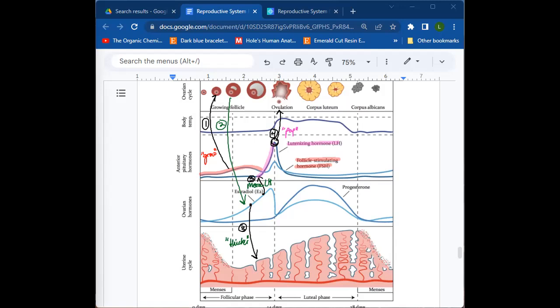Now let's take a look after ovulation. So after ovulation, we need to know that this part of the ovarian follicle is going to turn into the gland. The corpus luteum is at step 5.